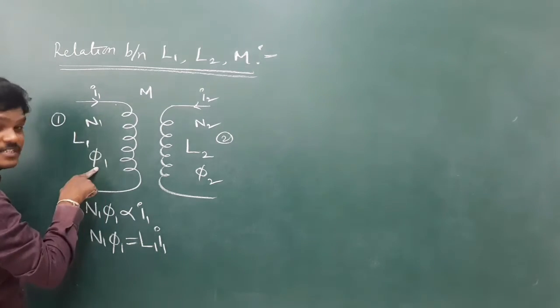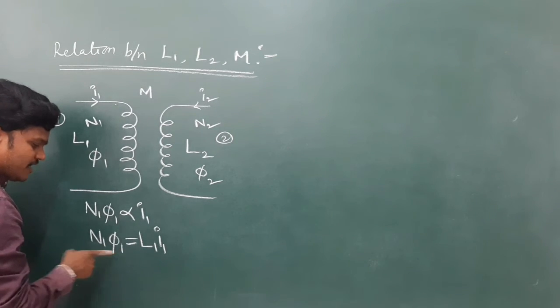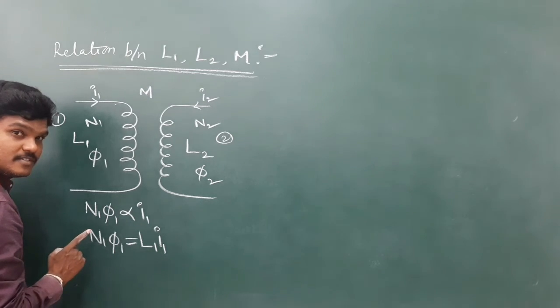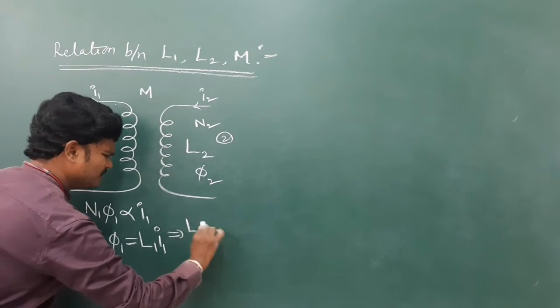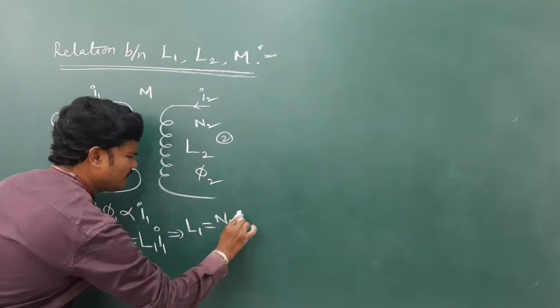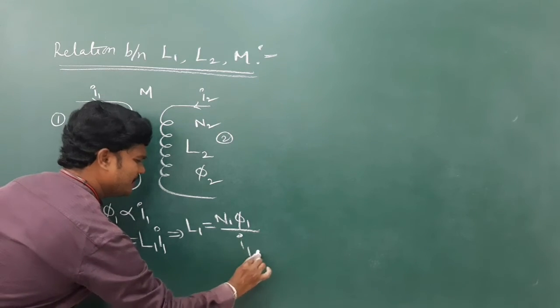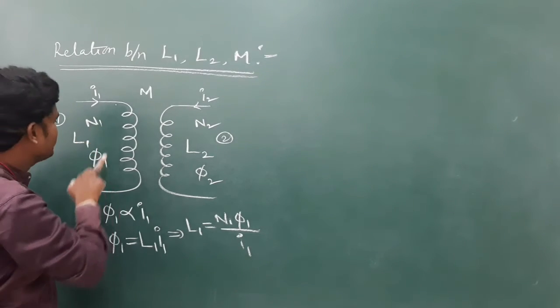So L1 is equal to N1 phi 1 by I1. I have written the self-inductance in terms of N1 phi 1 and I1.